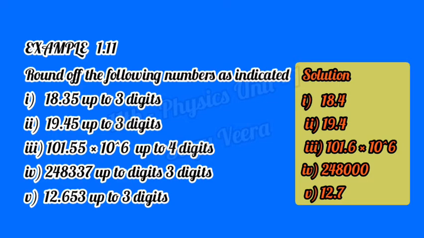Third one, 101.55 into 10 to power of plus 6 up to 4 digits, the answer is 101.6 into 10 to power of plus 6. Fourth one, 248337 up to 3 digits, the answer is 248000. And last one, fifth one, is 12.653 up to 3 digits, the answer is 12.7.